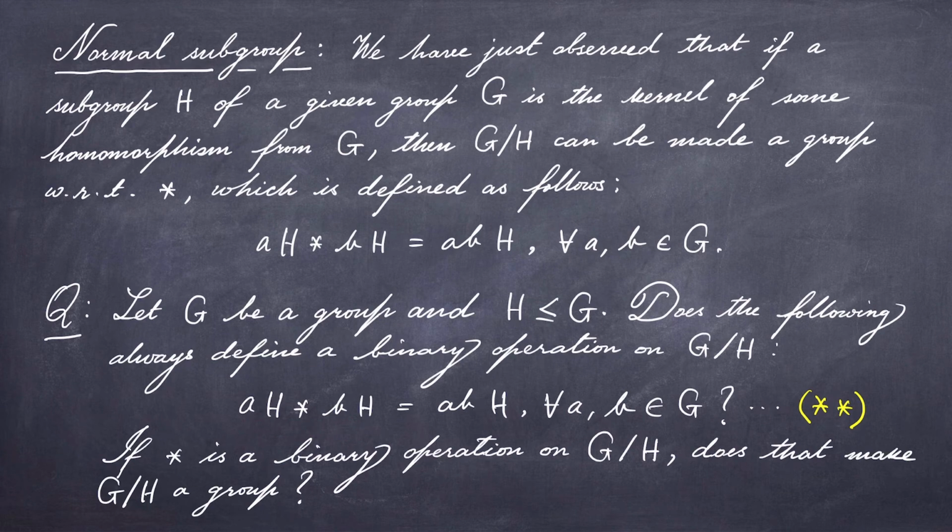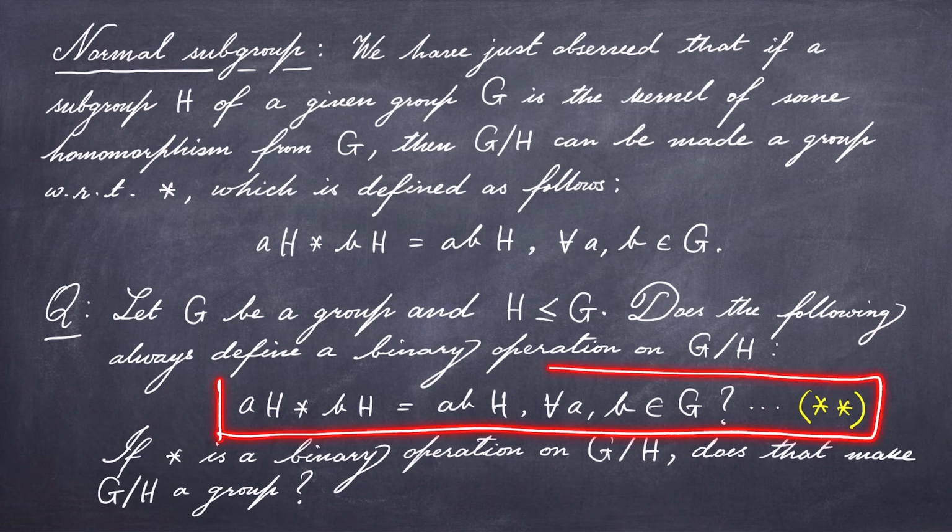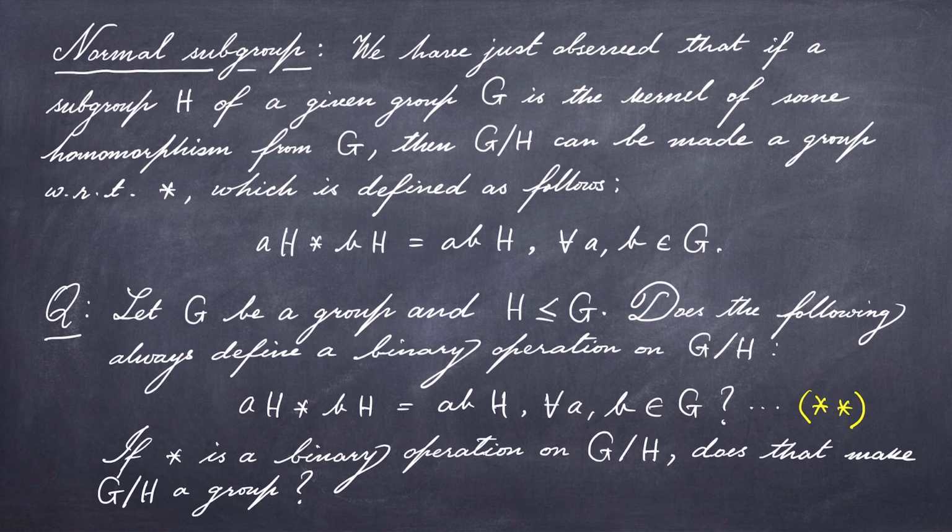That's quite easy to see, because if this indeed gives us a binary operation on this collection, then from the associativity and from the group properties of G, all the required properties for this star to make this a group immediately follow.